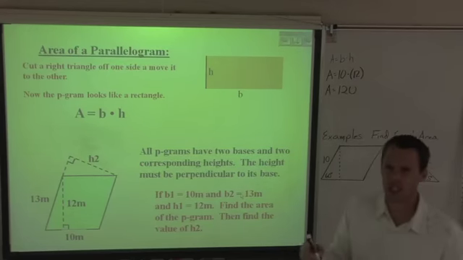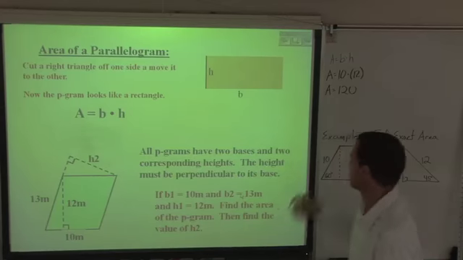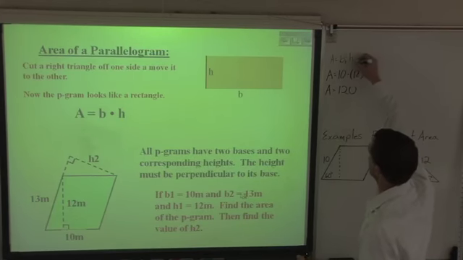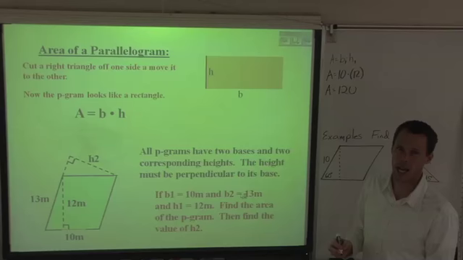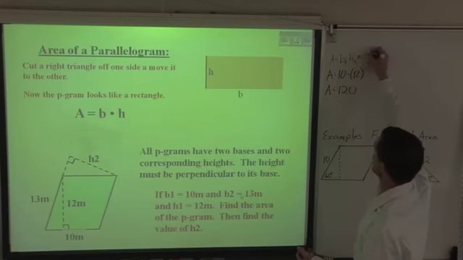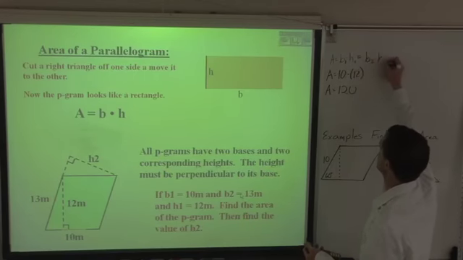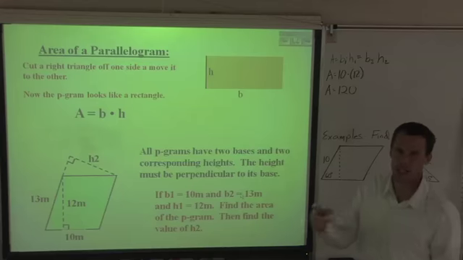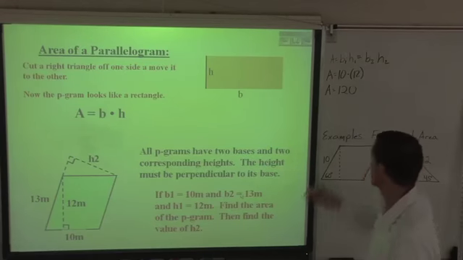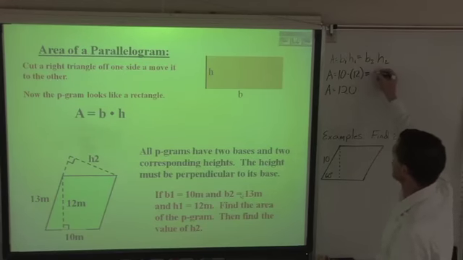Now the area of this shape does not change. Therefore, if I said the area is equal to base 1 times height 1, it should also equal base 2 times height 2, as long as they are corresponding to each other. So it should also equal the base of 13 times the height we are missing.